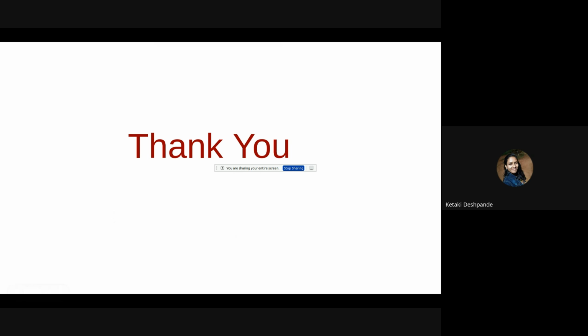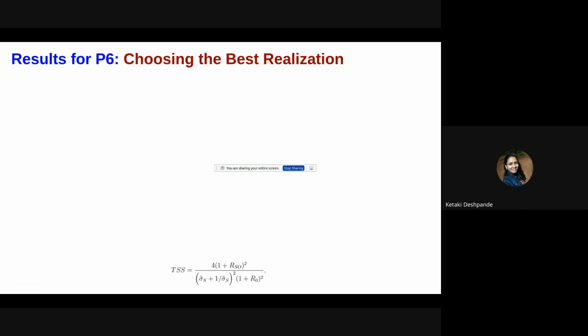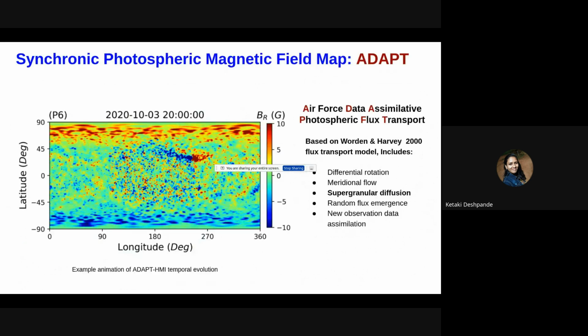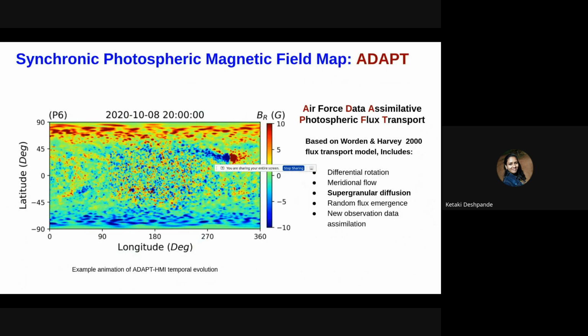All the 12 realizations actually give very different outputs sometimes, and you need to check that. Also, the magnetic map that you showed with ADAPT, and the polar regions look very symmetric, which might not be the case with the real observations, and that would have created less accurate modeling results probably. I'm not sure.